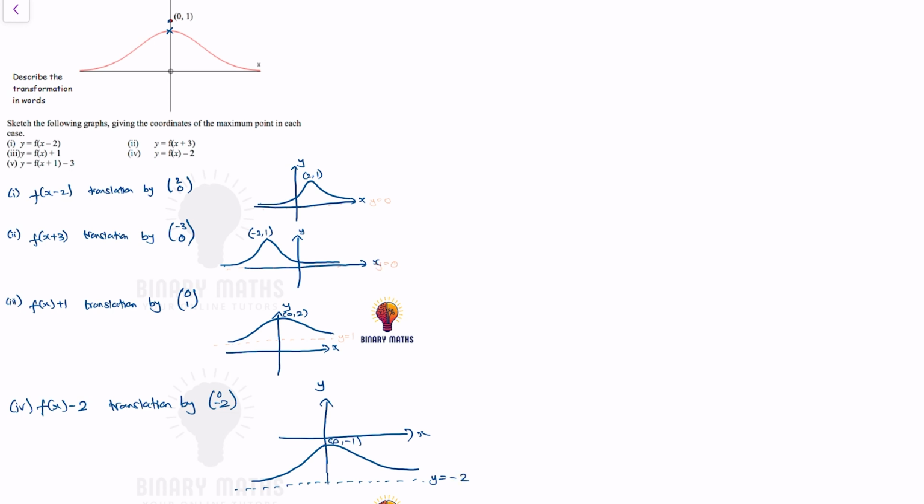Okay, the last one, which is 5, f of x plus 1 take away 3 is a translation in both the x and the y direction. So translation by minus 1 in the x direction, because it does the opposite thing, and minus 3 in the y direction. So if we were to draw it out, this is y, this is x.